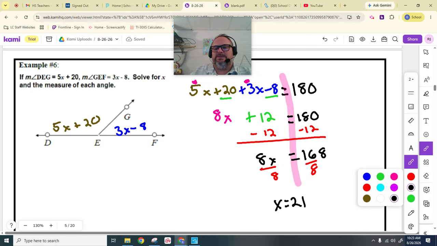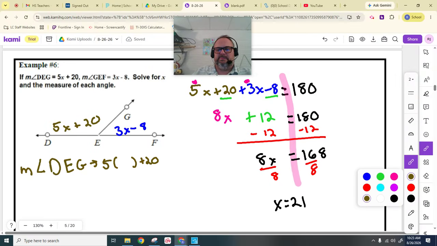Okay? So now, the measure of angle DEG is 5x plus 20. All right, so x is 21.